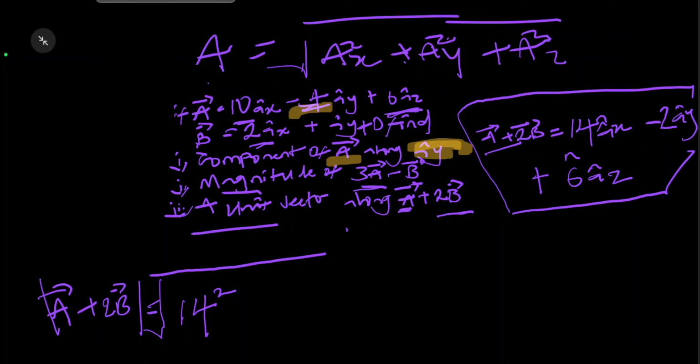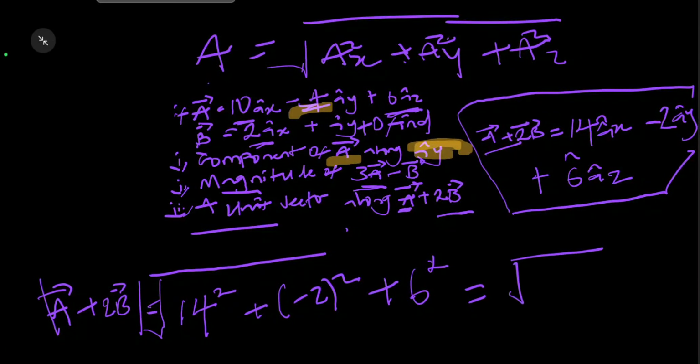We have negative 2 here, so plus negative 2 squared plus 6 squared. If you work this out, we should have the square root of 236, which is a decimal. We can also write it as 15.36.